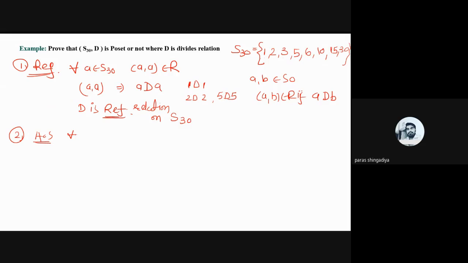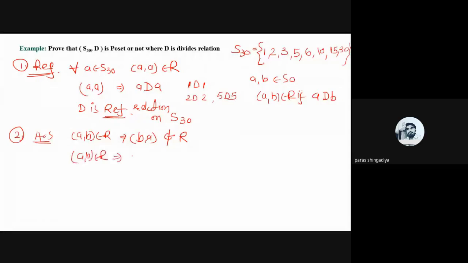For antisymmetric, if (A, B) belongs to R, then (B, A) does not belong to R. ठीक है, so let us check that. Here we have (A, B) belongs to R. What does it mean?